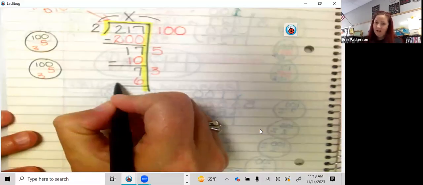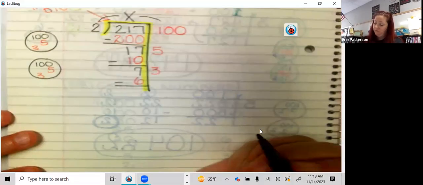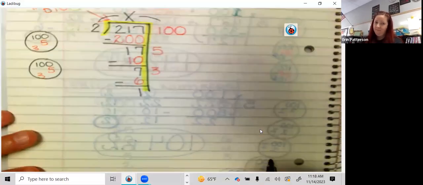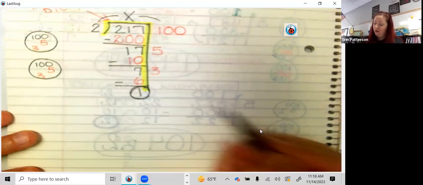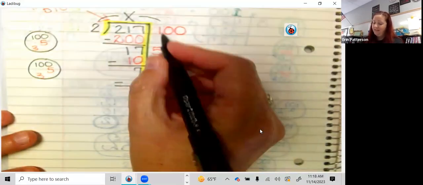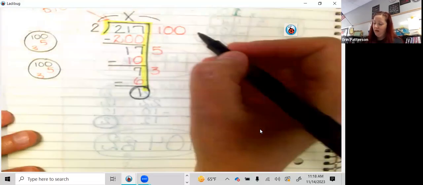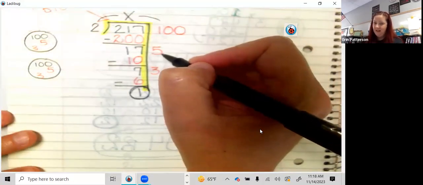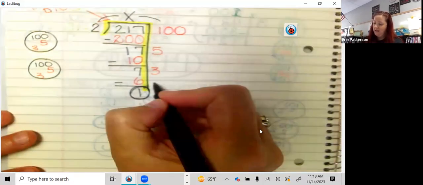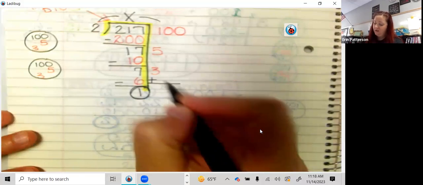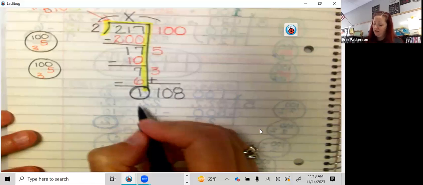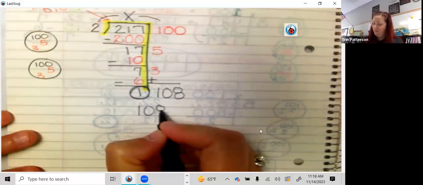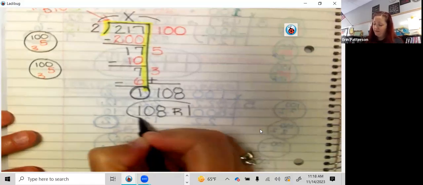I subtract, and I'm left with 1. That's my remainder. Now I've got to add this side up. 100 plus 5 plus 3 gives me 108. So this becomes 108, remainder 1.